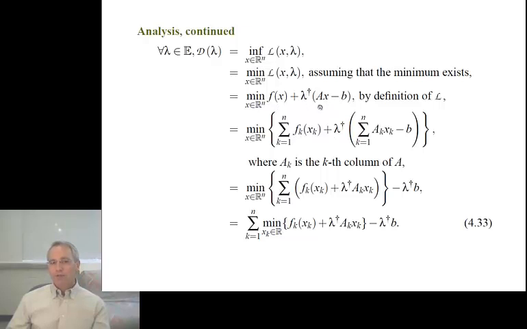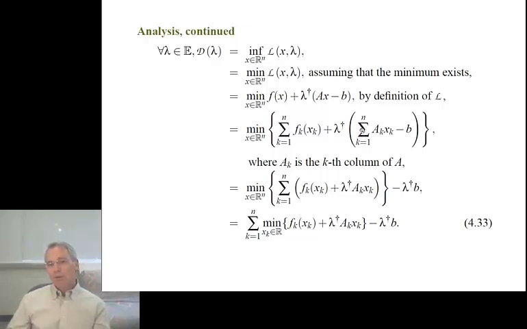Furthermore, I'm going to express this term lambda transpose Ax as the sum of terms. I'm going to do that by writing ak for the kth column of A. Now, I'll warn you that at various times in this class, sometimes when I put a subscript on a matrix, I'm referring to a column, sometimes I'm referring to a row. But here we're going to be referring to the kth column of A.